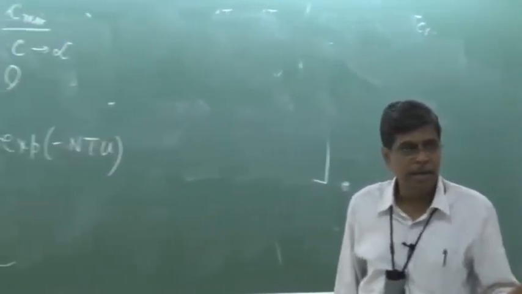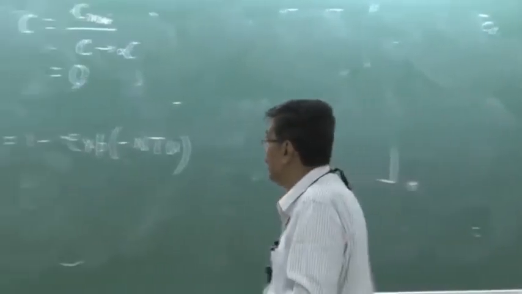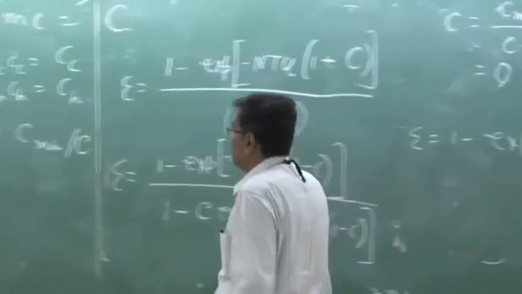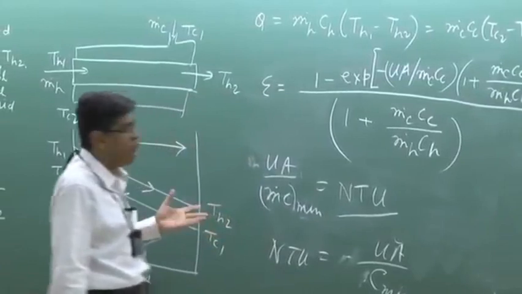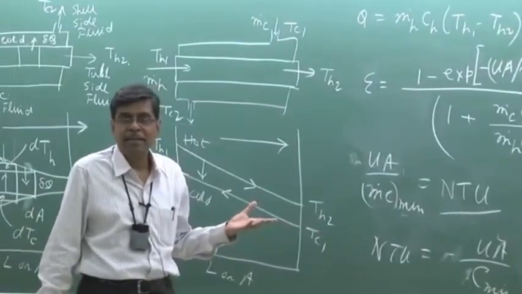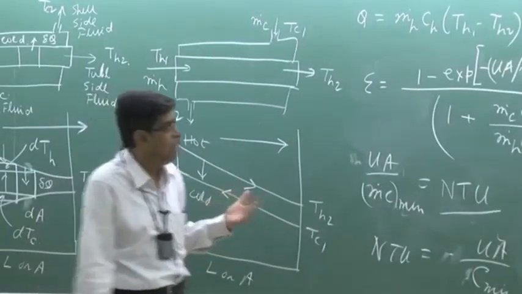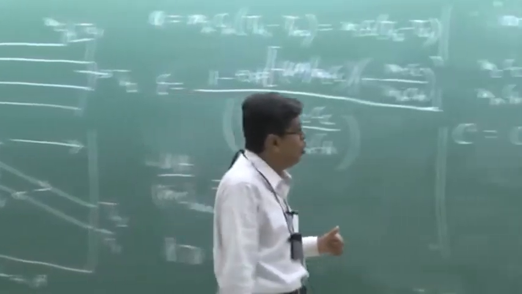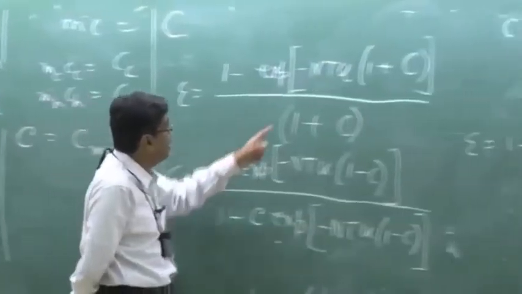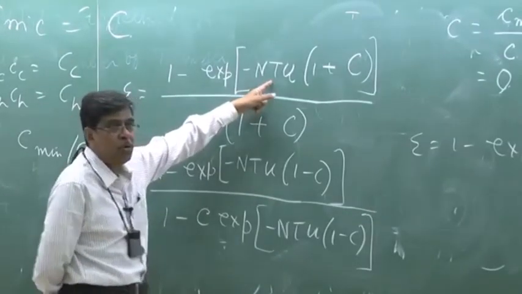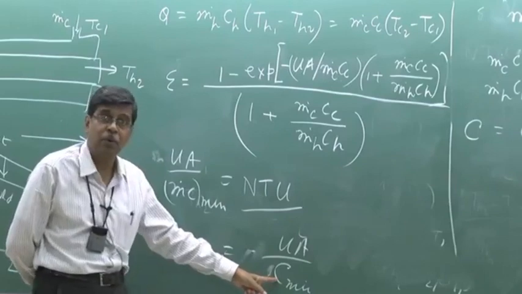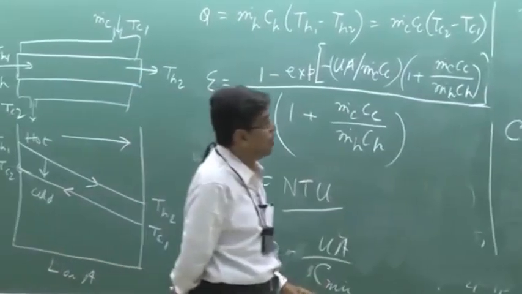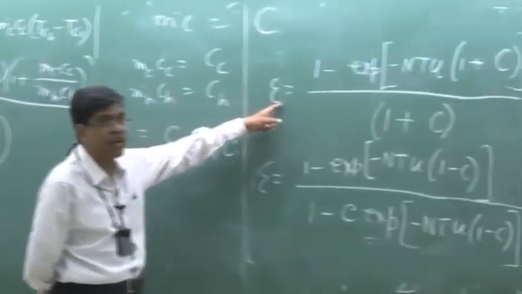Okay, clear? But here one thing is very much open: if I do not know the temperatures explicitly, then what can we do? When we know the NTU, because we know the area, the overall heat transfer coefficient, the mass flow rate and the specific heat, we can straight away find out the effectiveness.